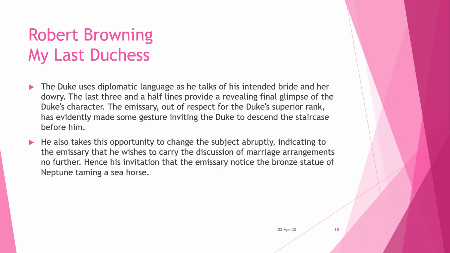He also takes this opportunity to change the subject abruptly, indicating to the emissary that he wishes to carry the discussion of marriage arrangements no further. Hence, his invitation that the emissary notice the bronze statue of Neptune, the sea god, taming a seahorse.